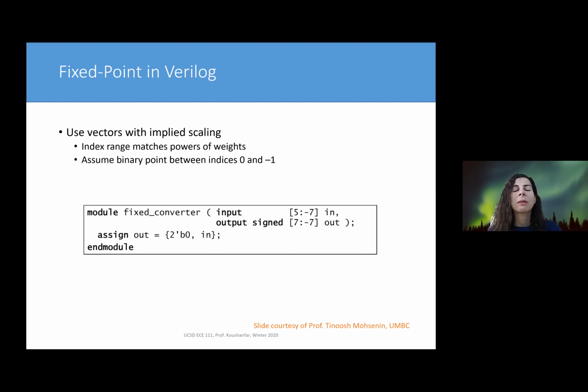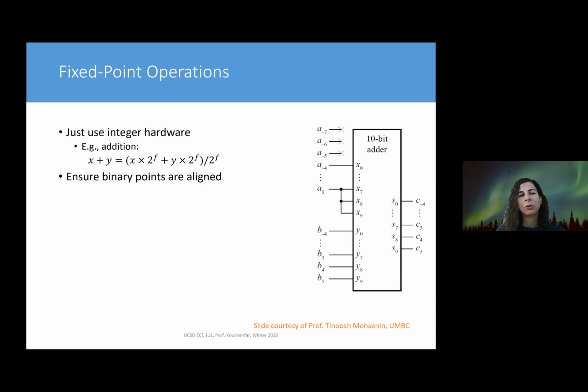So if we say the input is 5 to -7, that means we're going all the way to -7 on one end and to 5 on the other, which means that we have 7 bits after the floating point and 5 bits before that. That gives you a range of the signals, and that can help you do these additions more carefully.